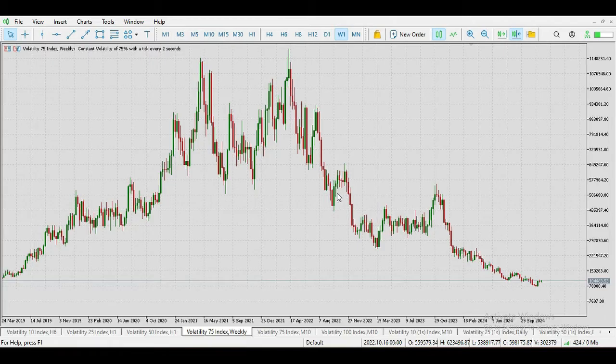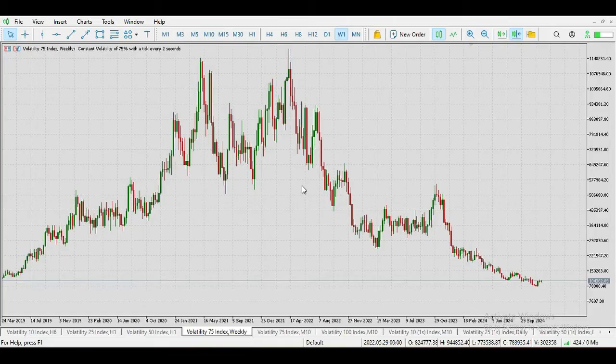This is my Volatility 75 chart, weekly time frame on my MT5, right? So all I need to do here is understand the trend. Every market has where it is heading to. Every single market has a movement, a direction, right?